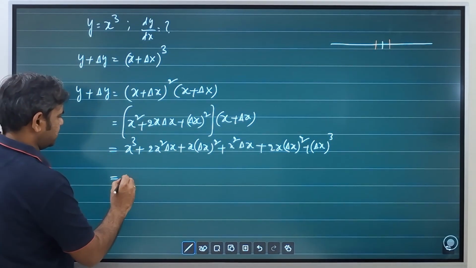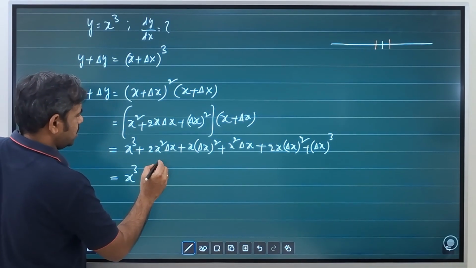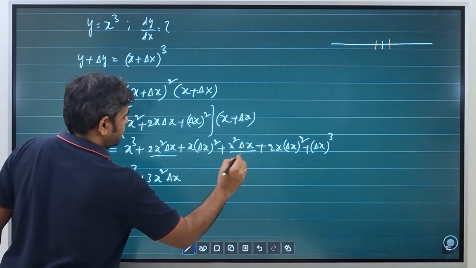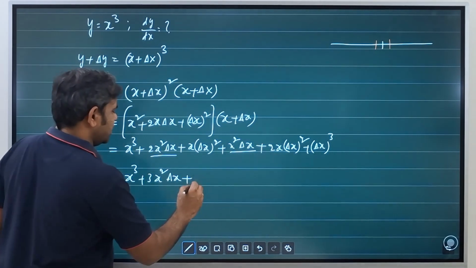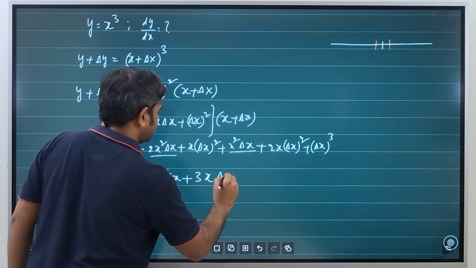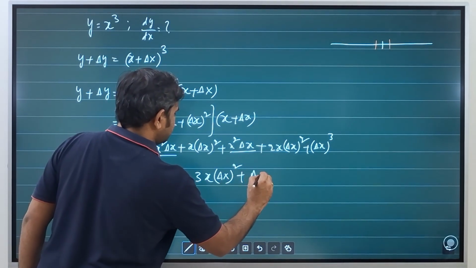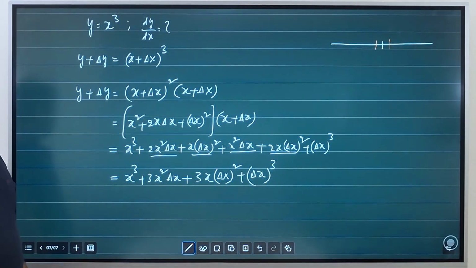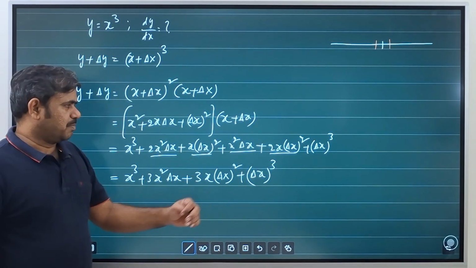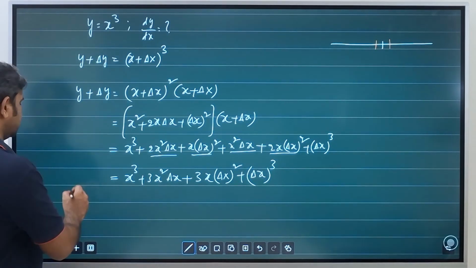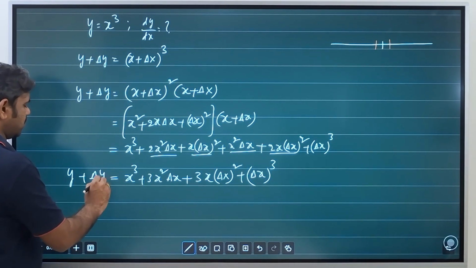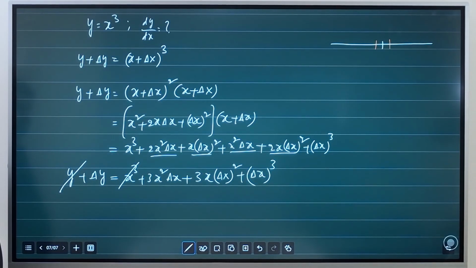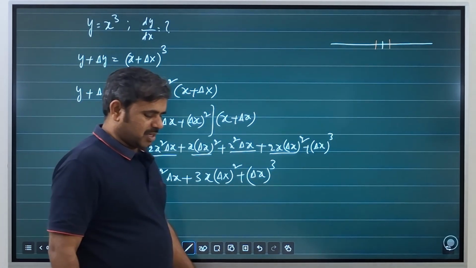Now simplify this. x cube plus 3x square delta x plus 3x delta x whole square plus delta x whole cube. This is y plus delta y, equal to this. y and x cube get cancelled.